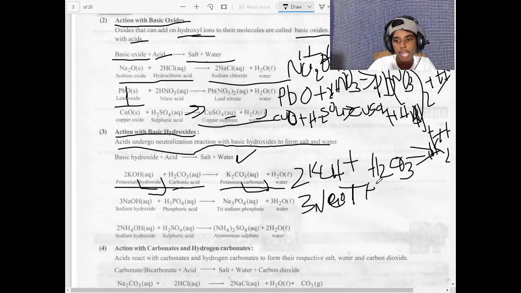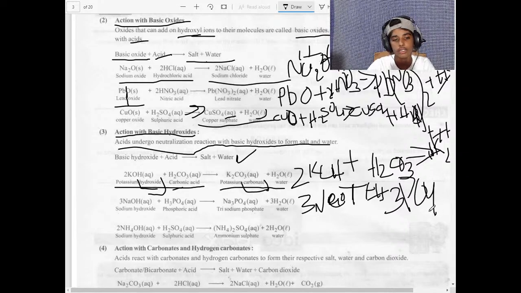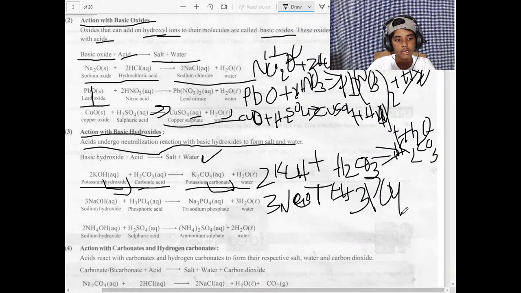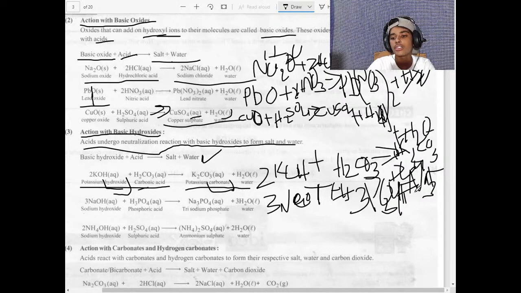Next, 3NaOH plus H3PO4 will give Na3PO4 plus 3H2O.